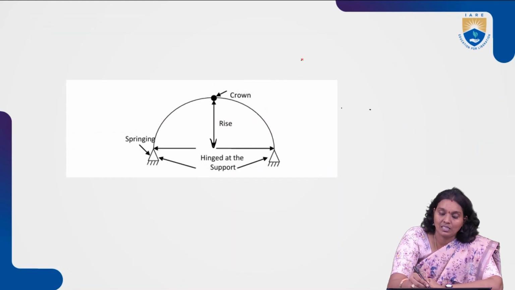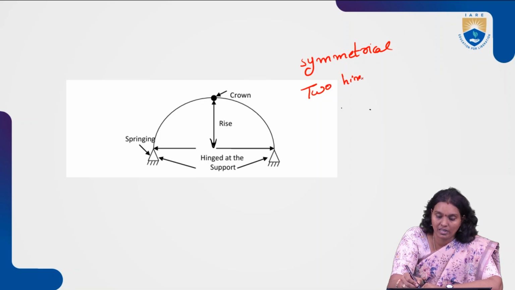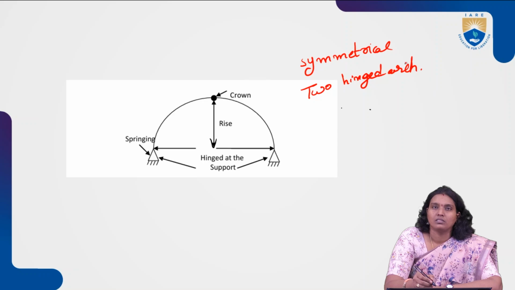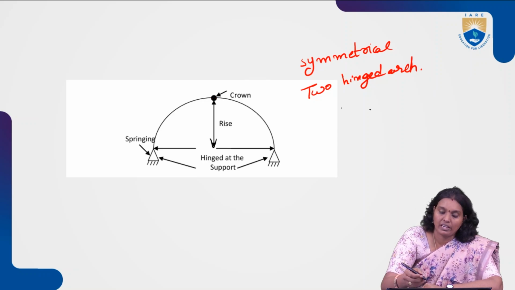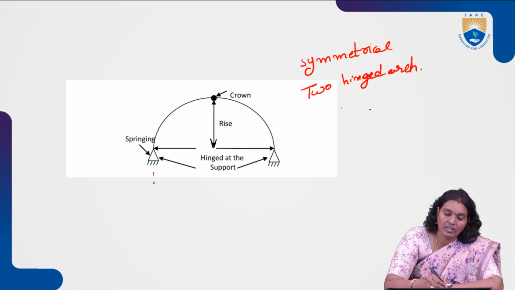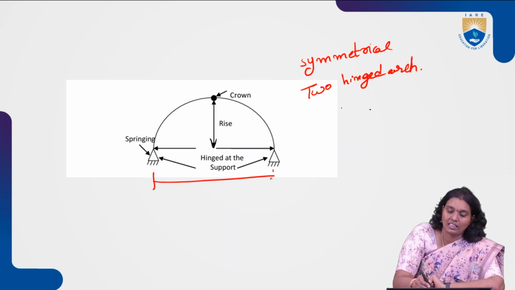So in a symmetrical condition with two hinges at the supports, it is nothing but the two hinged arch. Whenever there is one more hinge at the crown, that is the three hinged arch. It is symmetrical, and from here to here the length is the length of the span.